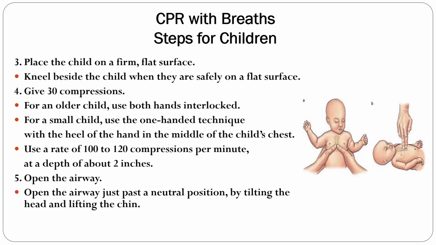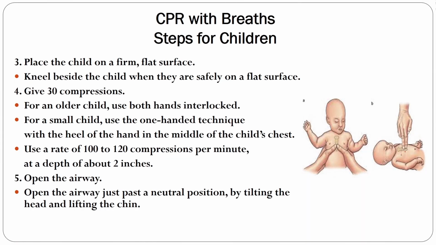So, place the child on a firm flat surface, kneel beside the child, and give 30 compressions. In smaller children, the whole chest of the child can be taken up in 2 hands and with 2 thumbs you can give compression of the chest, or with 2 fingers you can give compression of the chest.